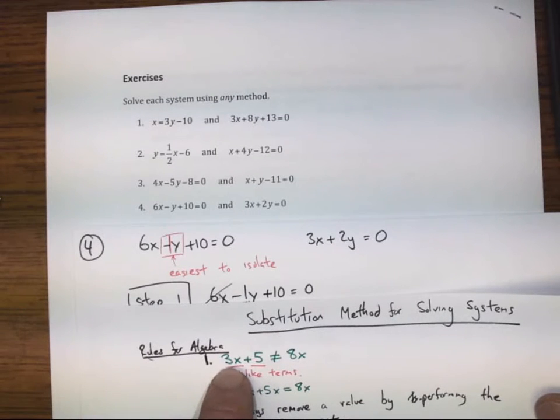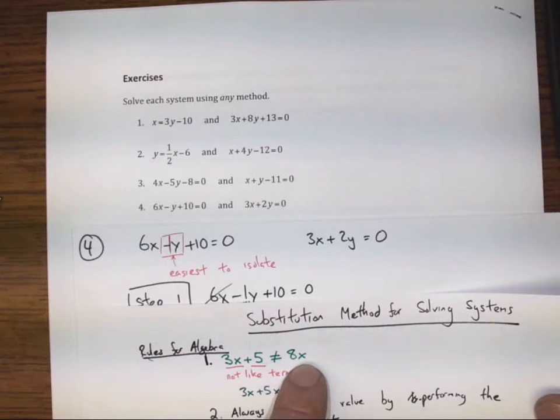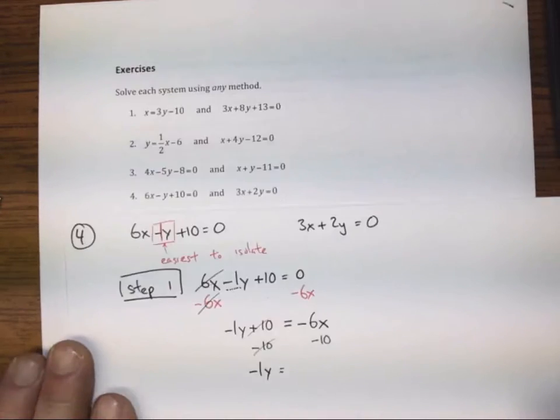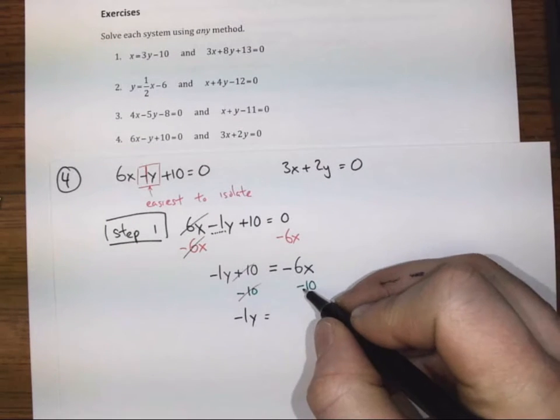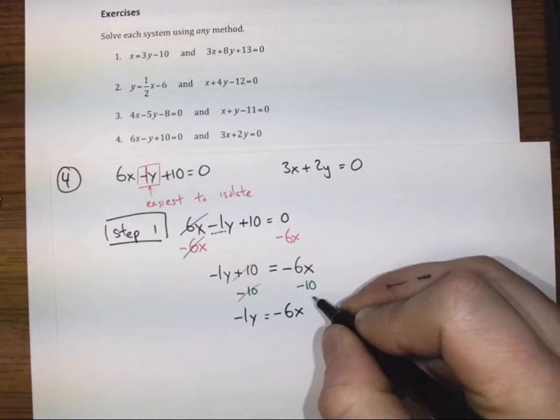So when something has an x and something else doesn't, or something has a y and something else doesn't, or something has an x and something has a y, we cannot group them together. It's only if they have the same variable that they can be grouped together. So that means these guys cannot be added, so we have to just write them in a row, -10.